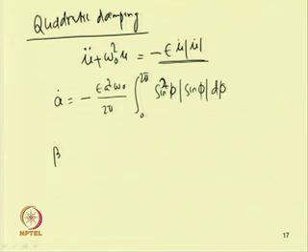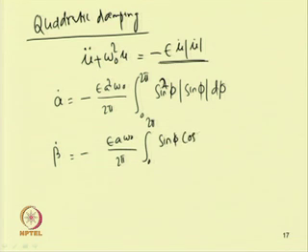Similarly, beta dot will be equal to minus epsilon a omega 0 by 2 pi, integration 0 to 2 pi, sin phi into cos phi into mod sin phi into d phi.